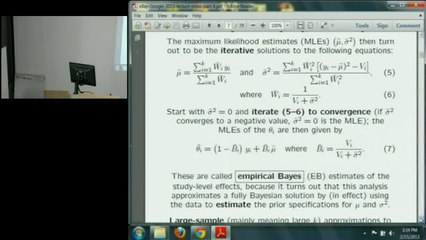And of course, we know that that's not right because you've used the data twice, once in the likelihood function and once in the prior. But under some conditions, the degree of usage of the data in the prior is relatively minor, is relatively modest. And these so-called maximum likelihood empirical Bayes estimates, MLEB estimates, or some people just call them EB estimates for short, or just ML estimates for short, these things can sometimes provide decent approximations to a full Bayesian analysis.